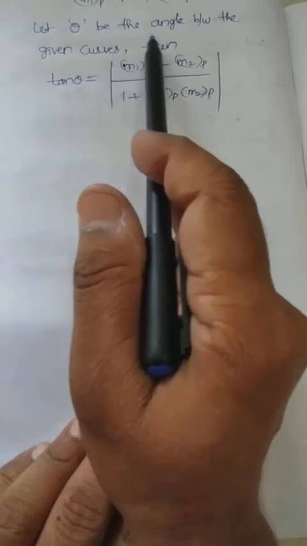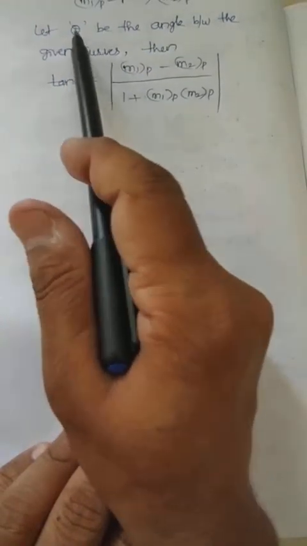Now let theta be the angle between the given curves. So we have to find this theta.